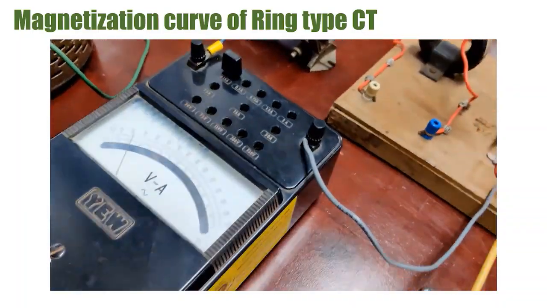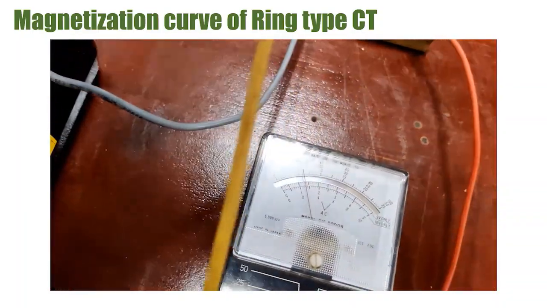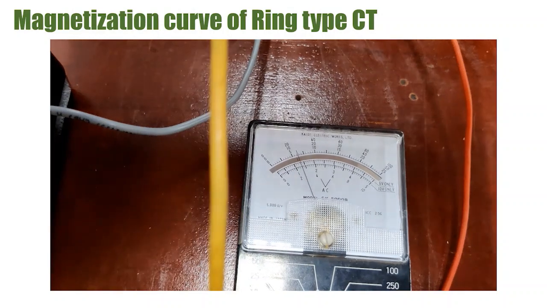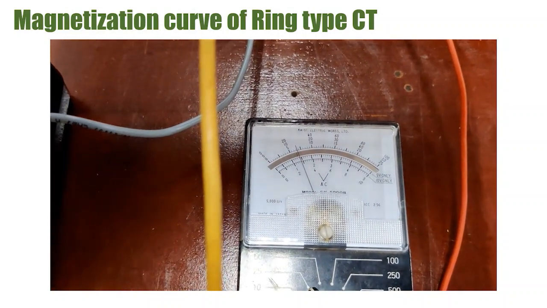Then, increase the voltage by 2 volts and take the ammeter reading.